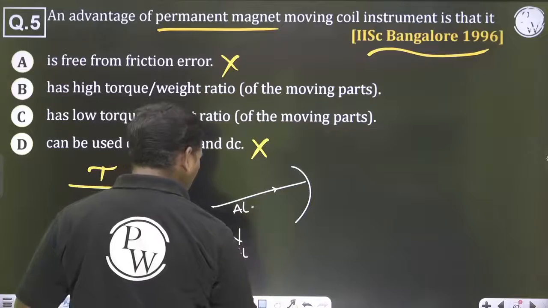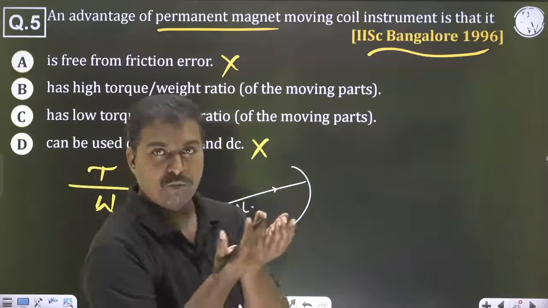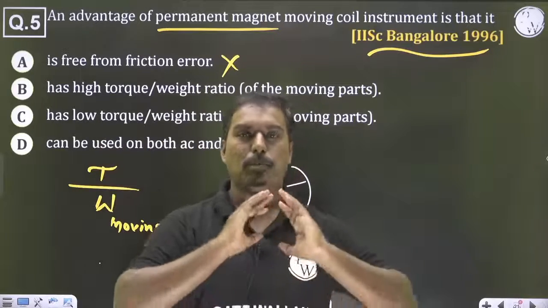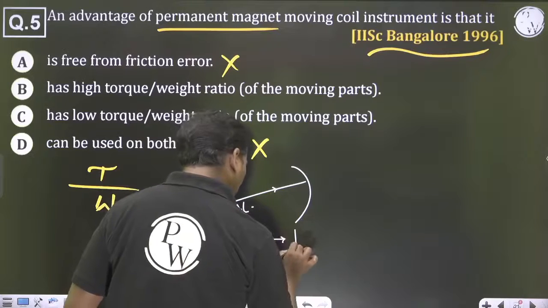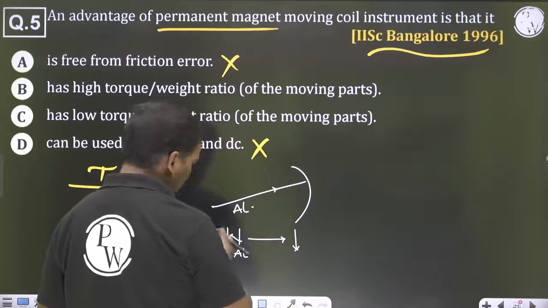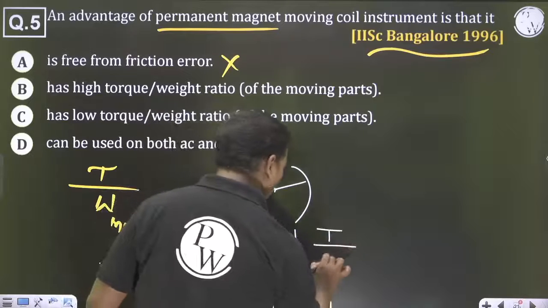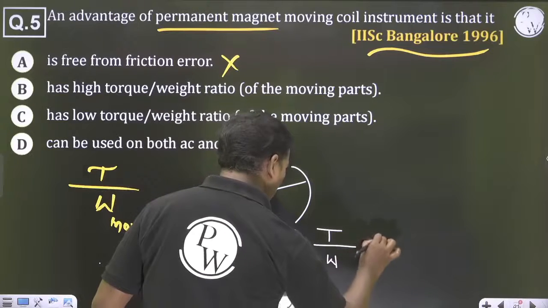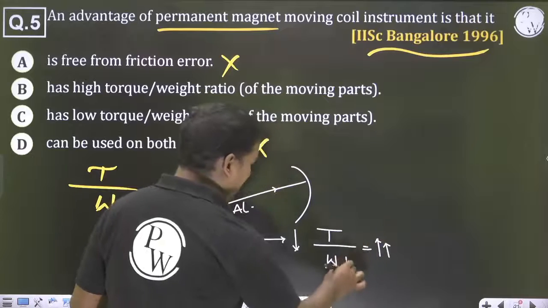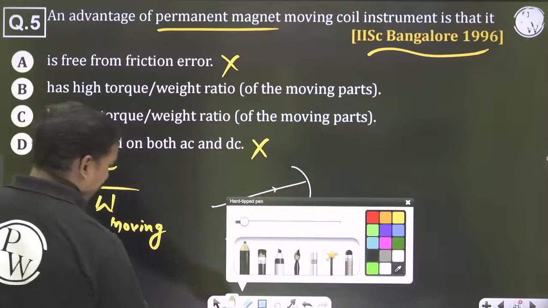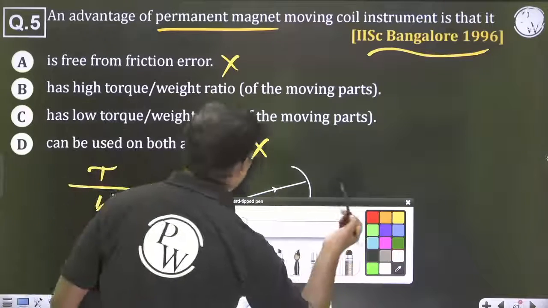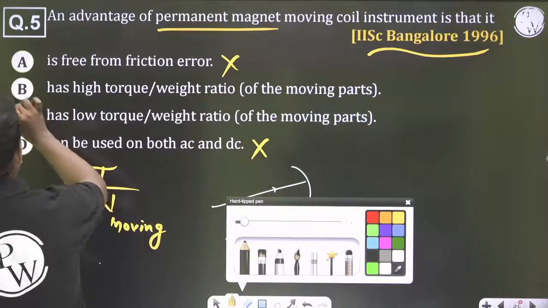The moving part is nothing but the frame. Inside the frame there is a copper coil, but the moving part is aluminum, so its weight will be less. When the weight of the aluminum is less, then definitely the torque to weight ratio will be high. So the moving parts are maintaining a high torque to weight ratio. Very good conceptual question. So option B is the right one.